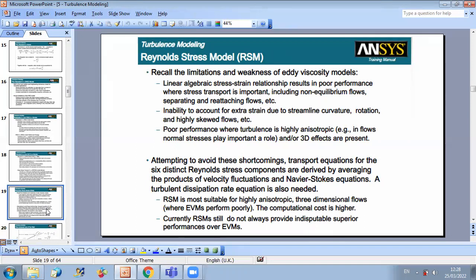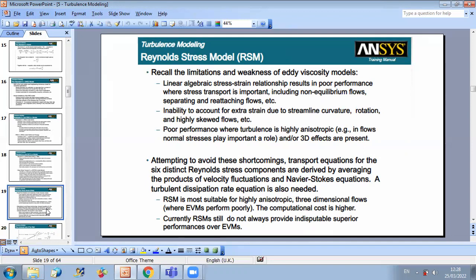Now, all of these models have a common purpose, which is to model the Reynolds stresses, and to model the effect of fluctuation of velocity on the different parameters. Now here we are summarizing the limitations and weaknesses of eddy viscosity models.